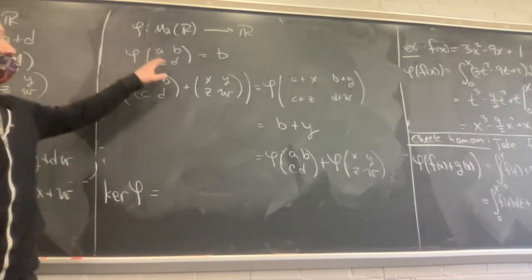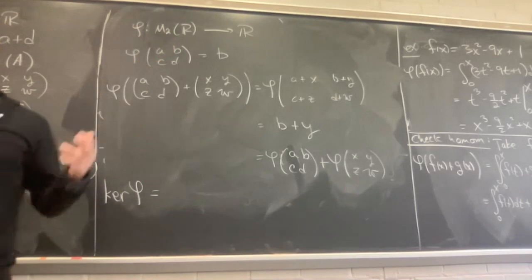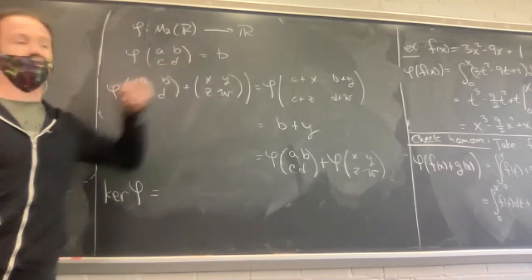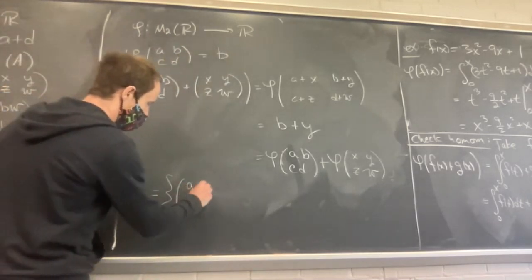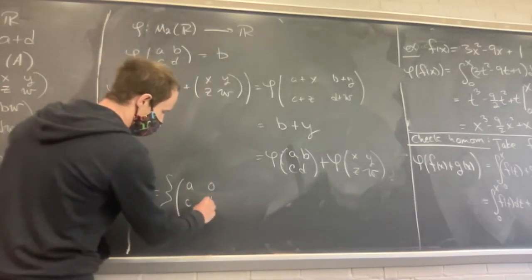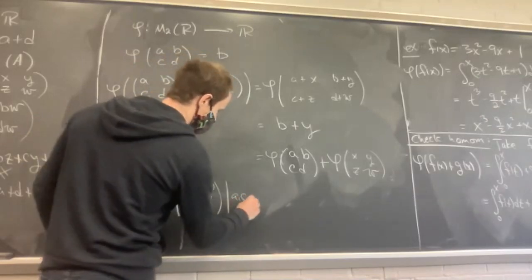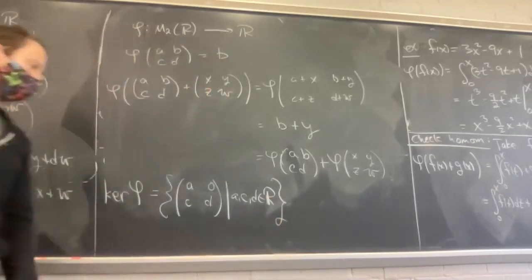That means A, C, and D are free to be anything you want, as long as B is 0, because that's all we see over here. So this is going to be everything of the form (A, 0, C, D), where A, C, and D are real numbers.